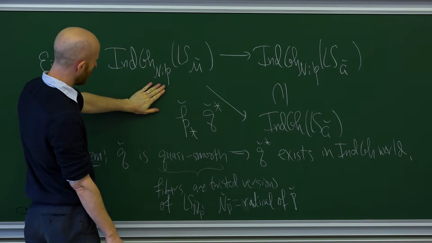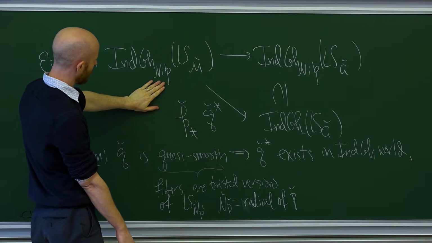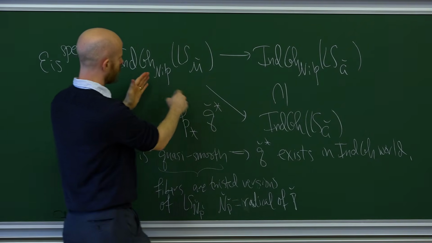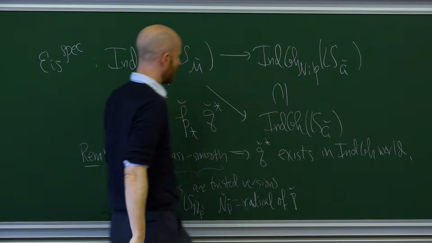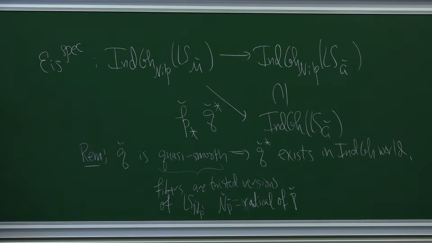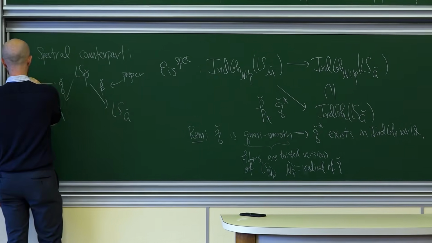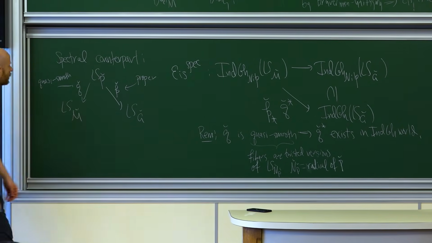Basically all I want to say is that by design, by the definition of this Nilp on both sides, this functor really sends IndCoh Nilp here to IndCoh Nilp here. And I remind you that this map is proper, and this map is again quasi-smooth, just to have the geometry on the board.